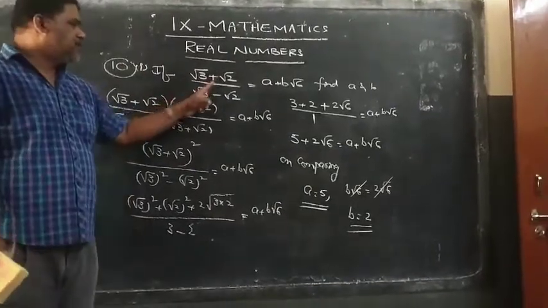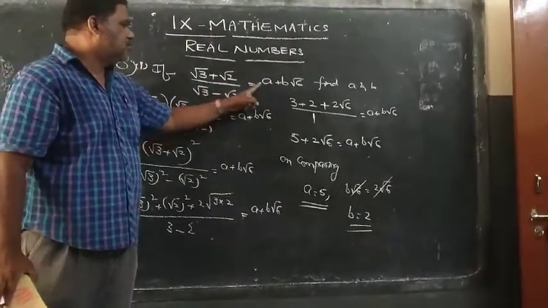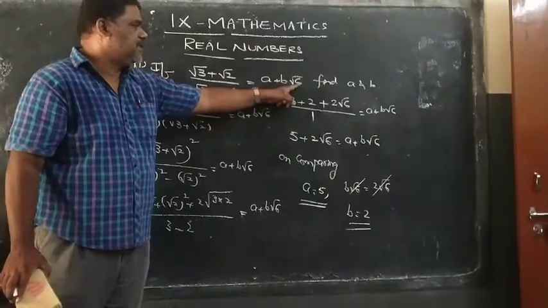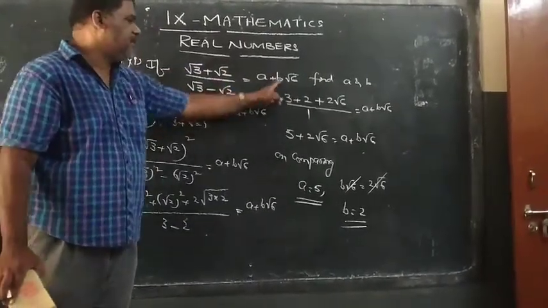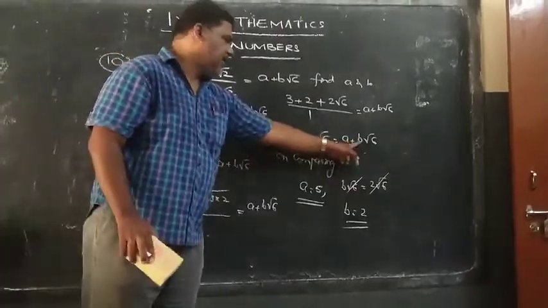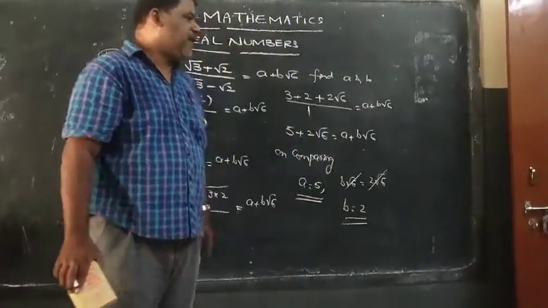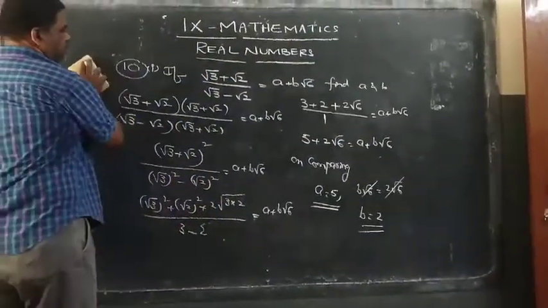So (root 3 plus root 2) by (root 3 minus root 2) is given as a plus b root 6. If you express LHS in the form of a plus b root 6 like this, on comparing you will get a value, b value.